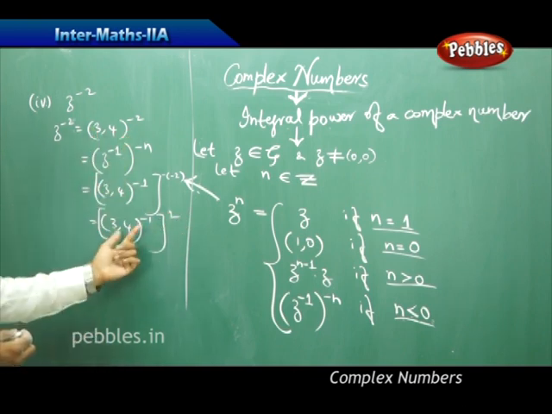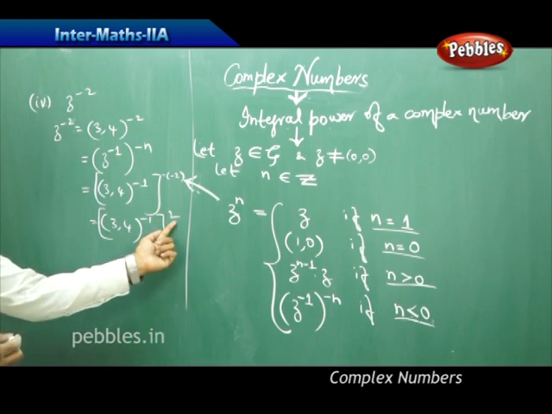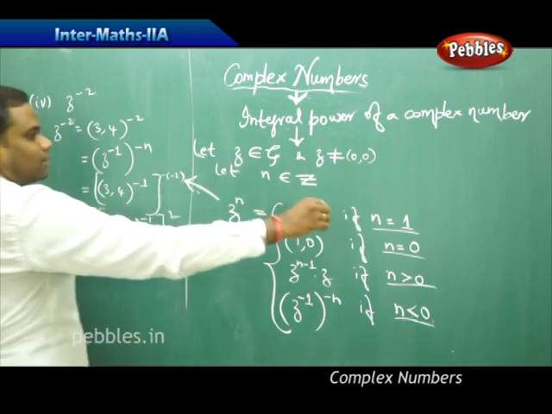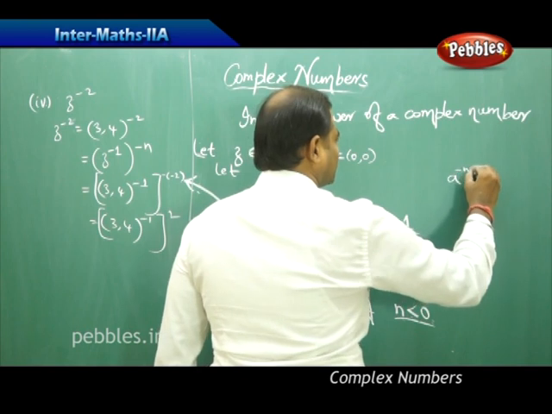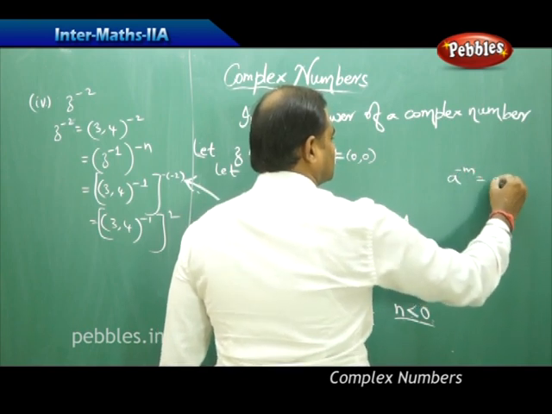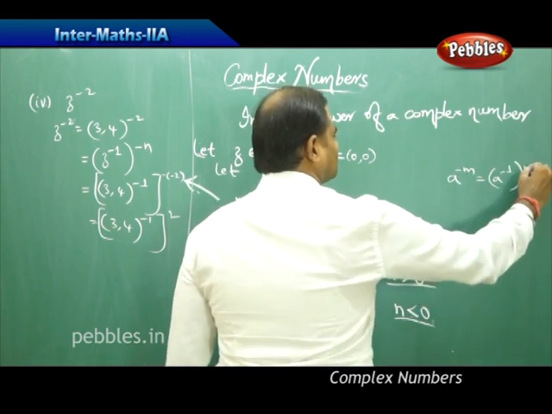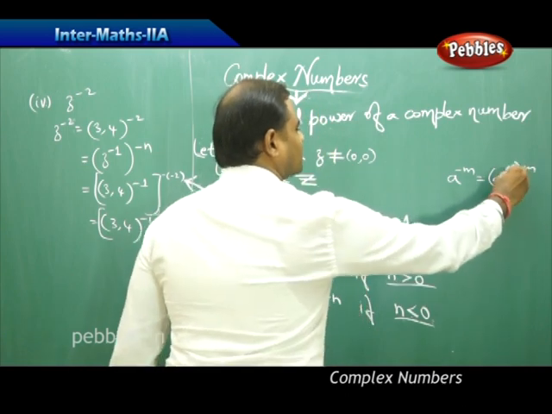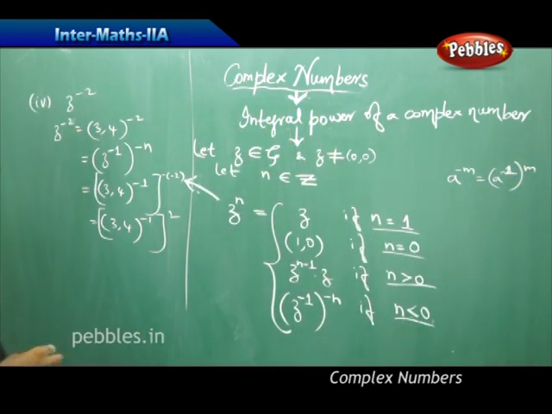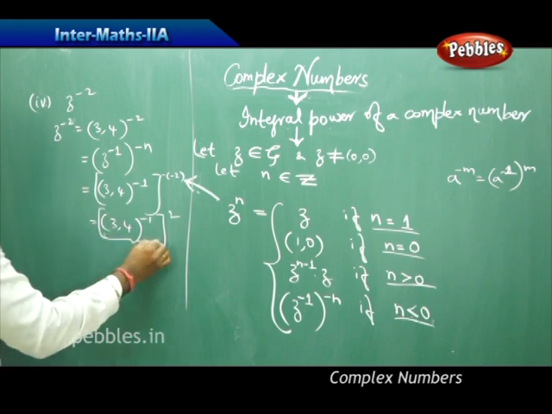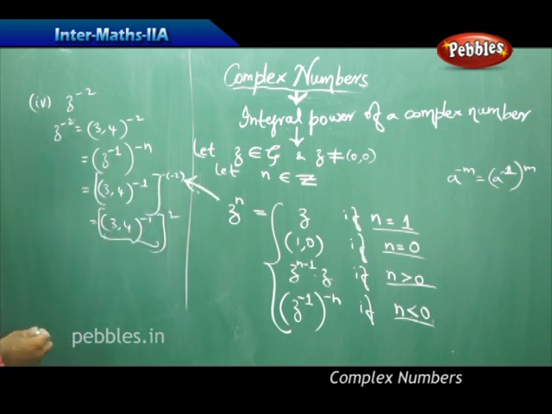Minus 2 can be written as -1 times 2. It is just like a^(-m) is (a inverse)^m. So first I find the inverse and then the square of that inverse.